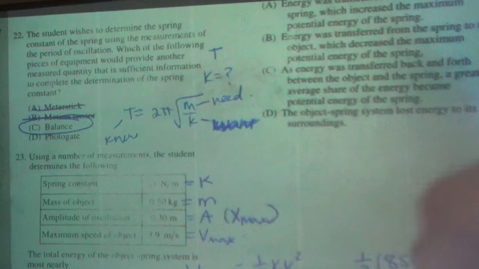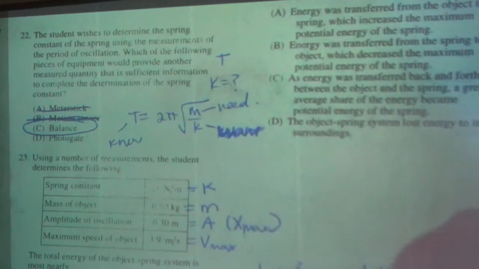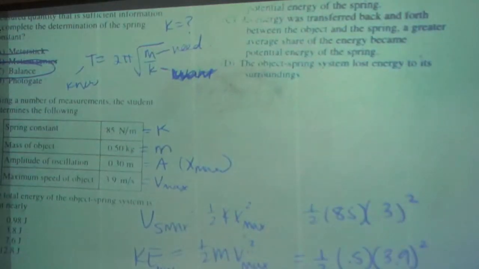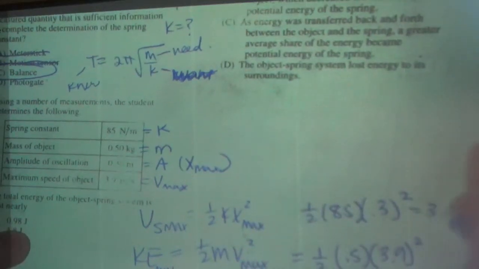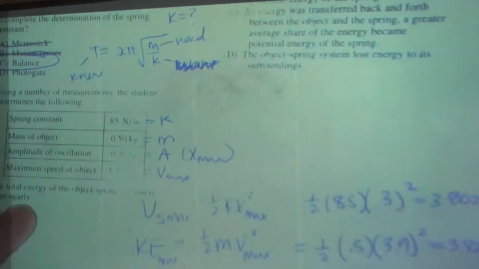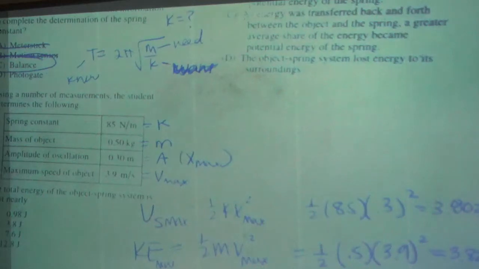So 1/2 times k, 85, times 0.3 squared, and 1/2 times the mass of 0.5 times velocity 3.9 squared. For the spring potential, I think you get 3.8 something. Let's double check. 3.8025. And then for this one, you get 3.825. We're looking for the total energy of the system.